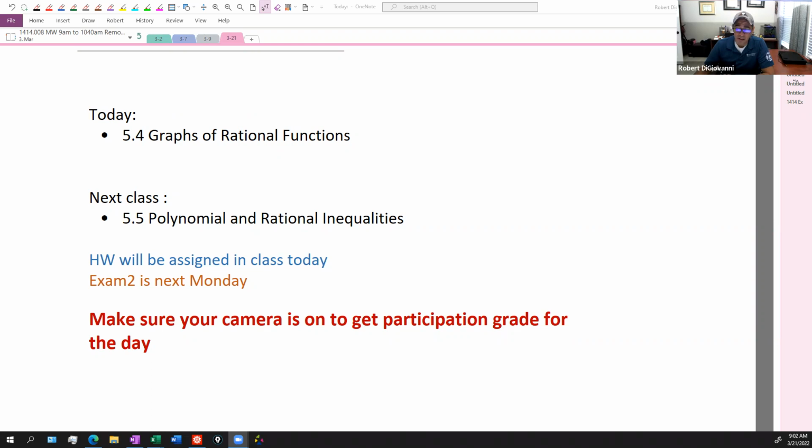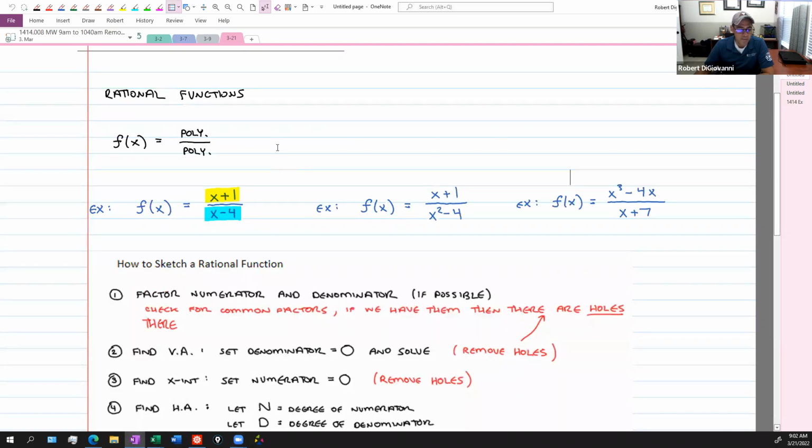I do realize it's been roughly almost 2 weeks since we've talked about anything, so let me remind you what we were doing. We were talking about rational functions. We defined a rational function to be a polynomial divided by a polynomial. And I gave you 3 examples of rational functions. We actually went through the steps of graphing this one right here.